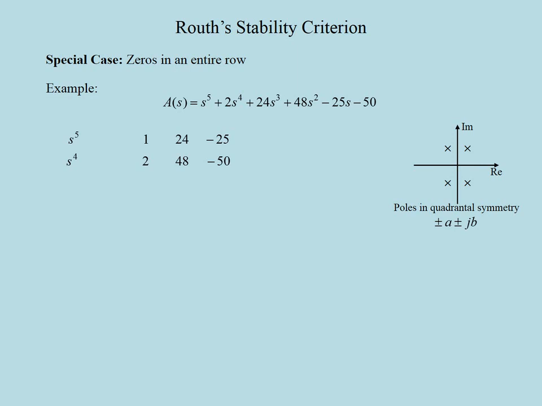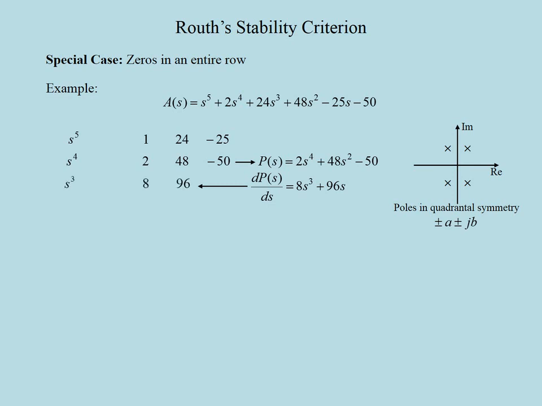To resolve this case, we can write a polynomial using the coefficients in the previous row, starting from the power of that row and skipping every other power. This polynomial is called the auxiliary polynomial. In this case, the auxiliary polynomial will be 2 times s to the 4 plus 48s squared minus 50. Now, we are going to use the coefficients of the derivative of this polynomial to generate the next row.